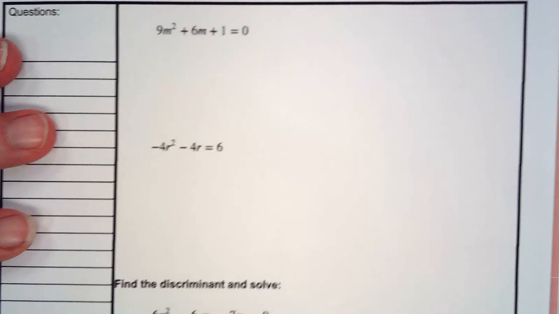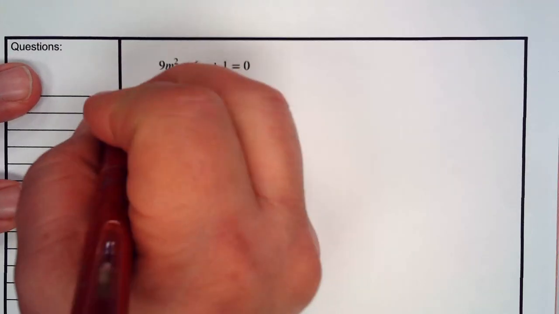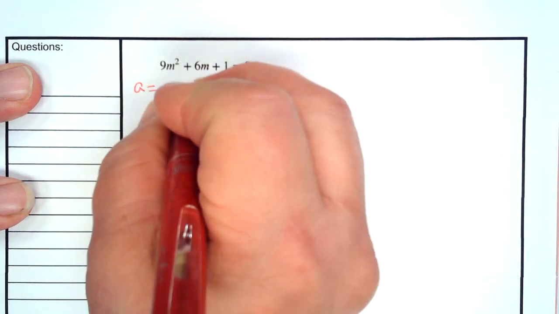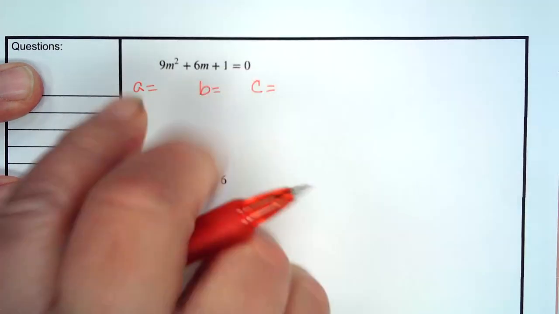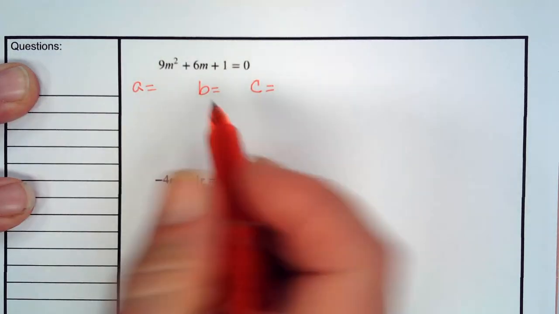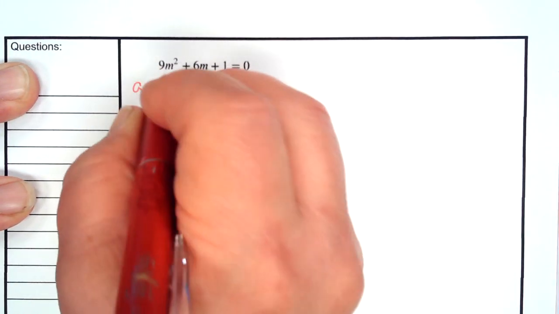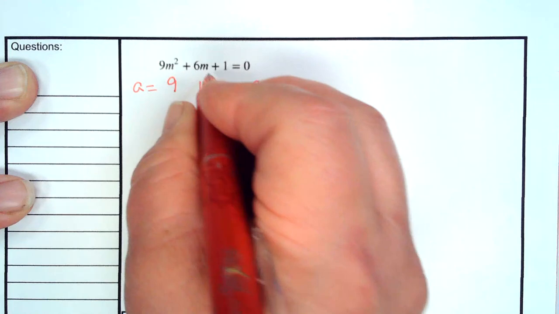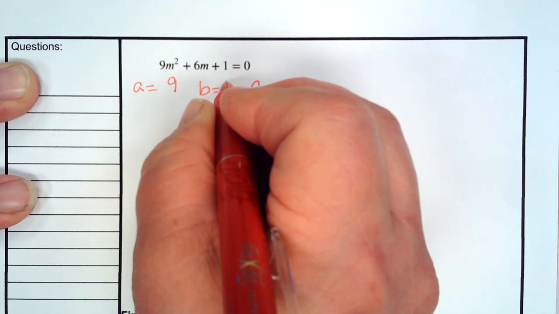Okay, so let's look at the next one. ax squared plus bx plus c. A is your coefficient of your squared term. In this case, it's 9. B is your coefficient of the x term.